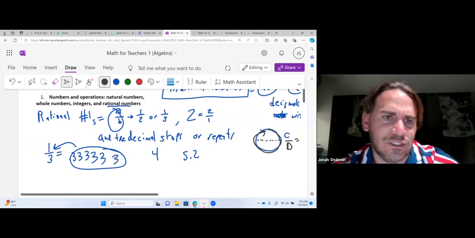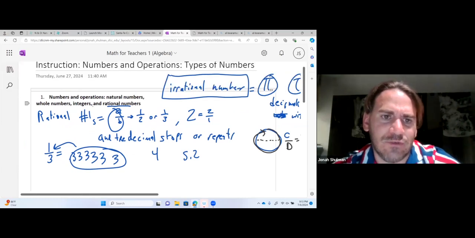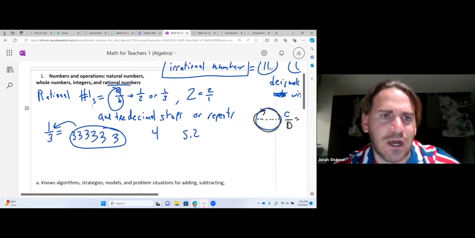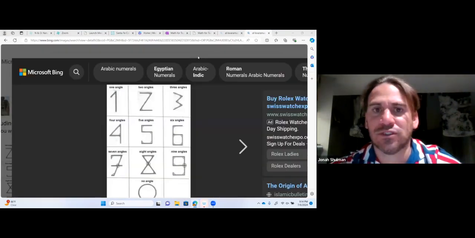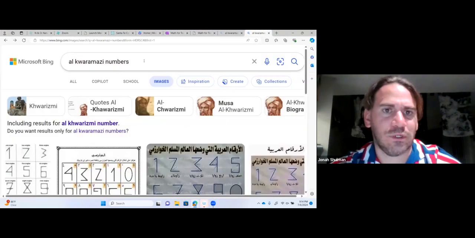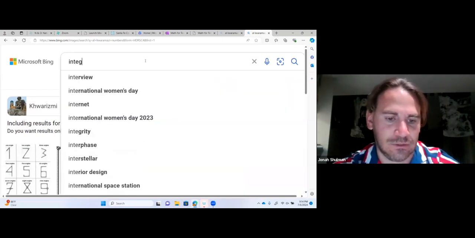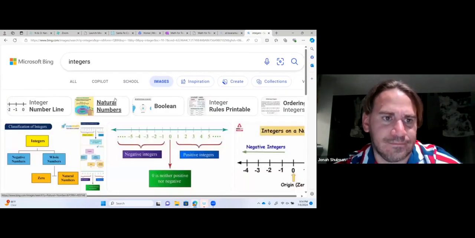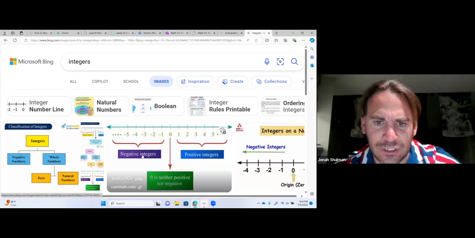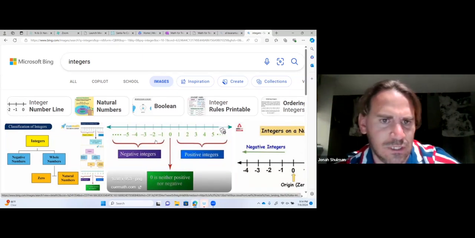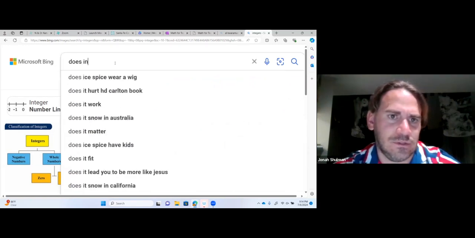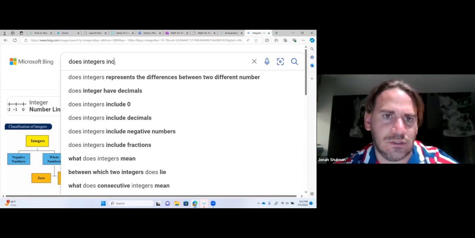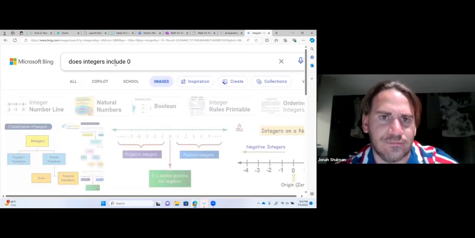And let's do integers. I believe integers are whole numbers that could be positive or negative, but I always like double checking everything. Yep, 0 is neither positive nor negative. So does an integer include 0?